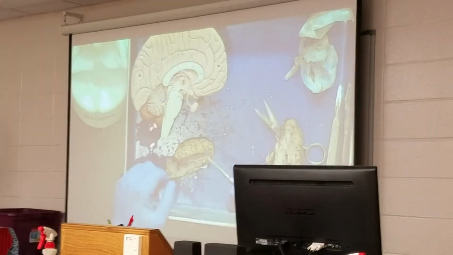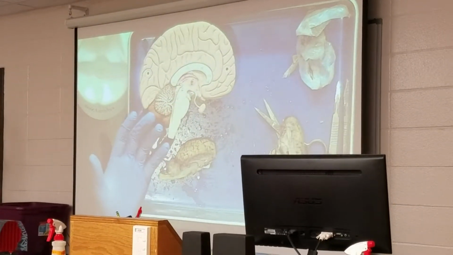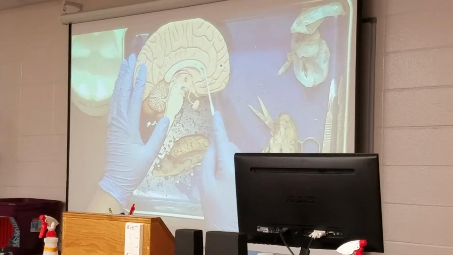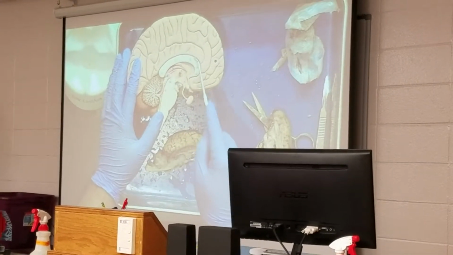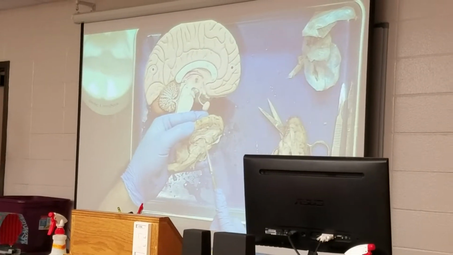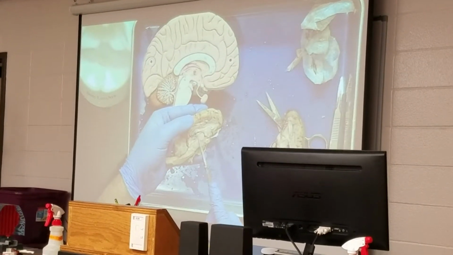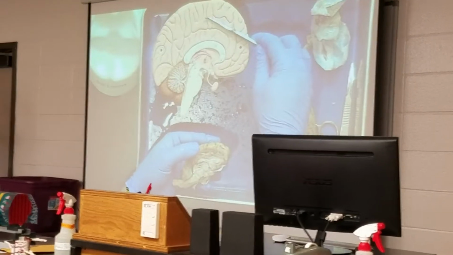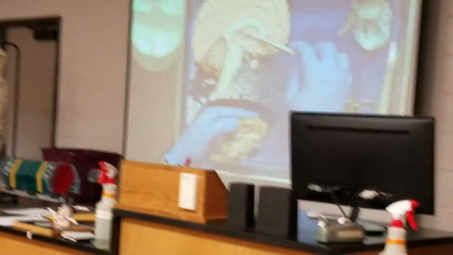One structure that hits a lot of people is the corpus callosum. This is the corpus callosum right here. It's pretty large. And this is it on the sheep brain. This one separates the cerebrum from the diencephalon. It's just the border of the cerebrum and the diencephalon.